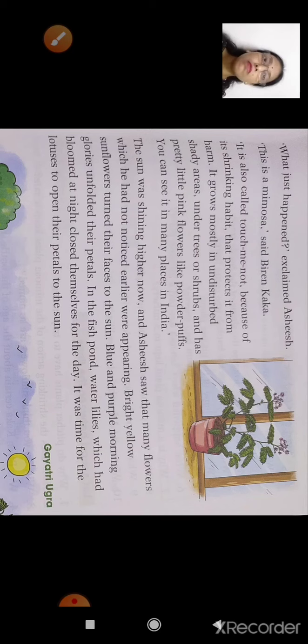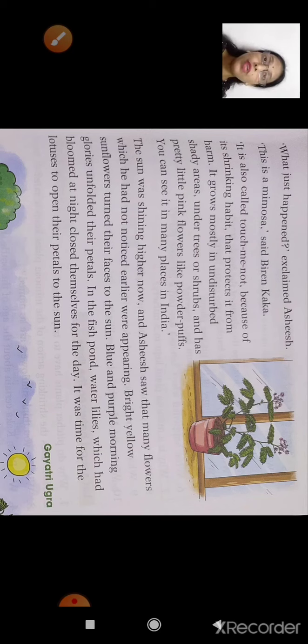You can see it in many places in India. Remember, I showed you in the video? Yes, those beautiful pink flowers which were looking like powder puffs. And this mimosa plant is found in many places in India.